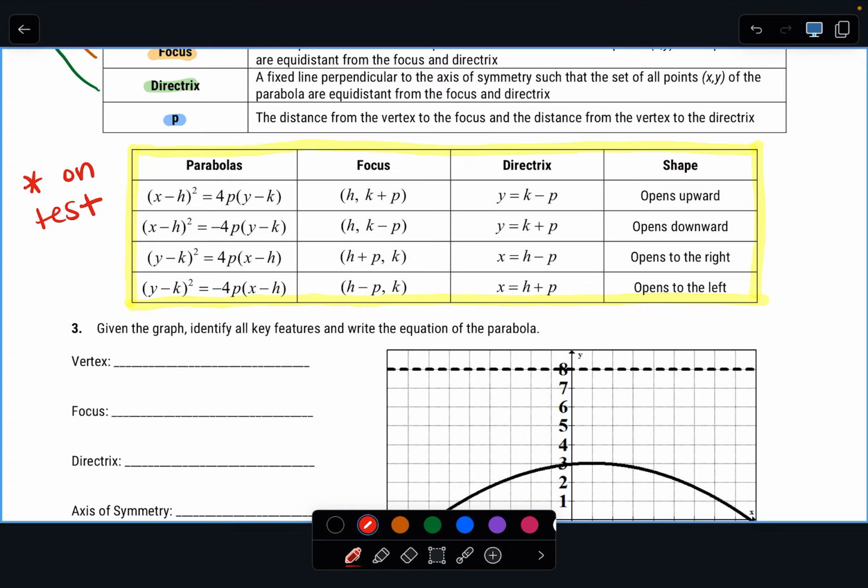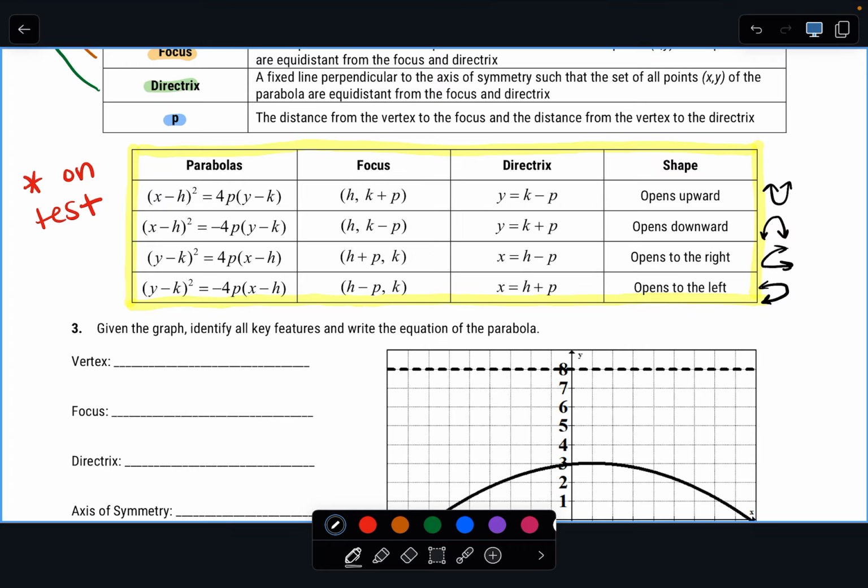There are a couple of different directions your parabolas can face. They can open upwards, they can open downwards, they can open to the right, and this is where you have to know your left from your right, or they can open to the left. If you have to do your L's to figure out which one's left and which one's right, do it, because you need to make sure you're picking the right direction.